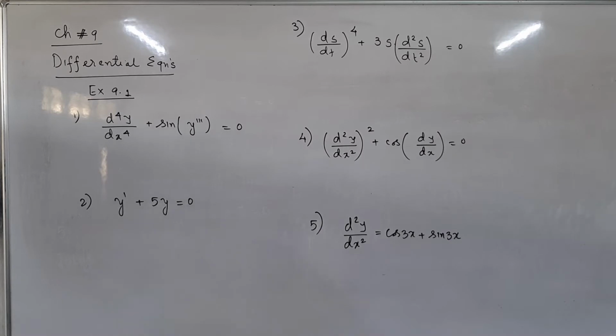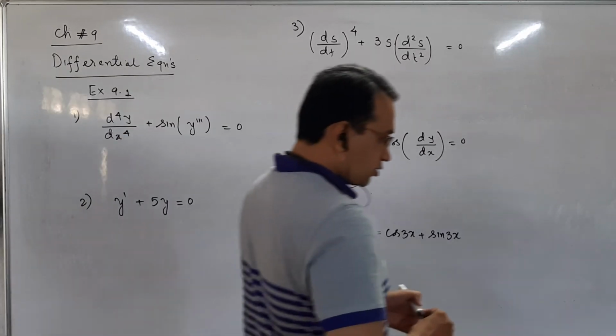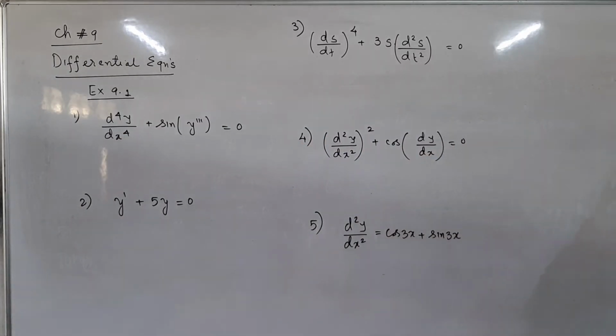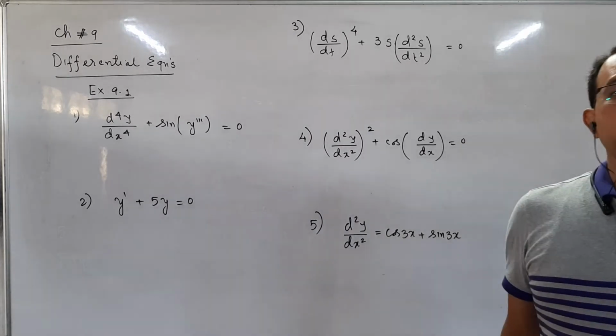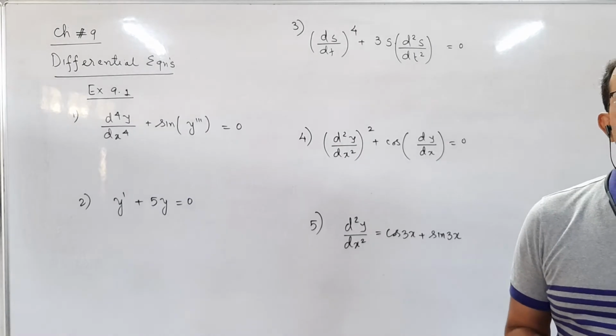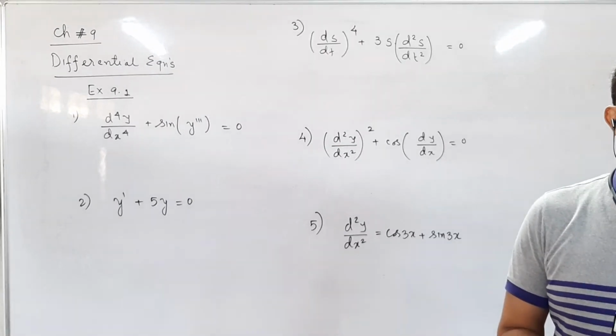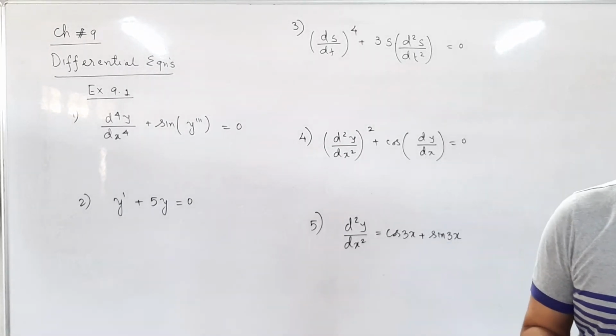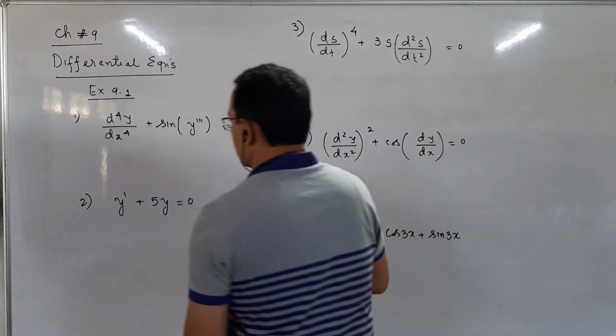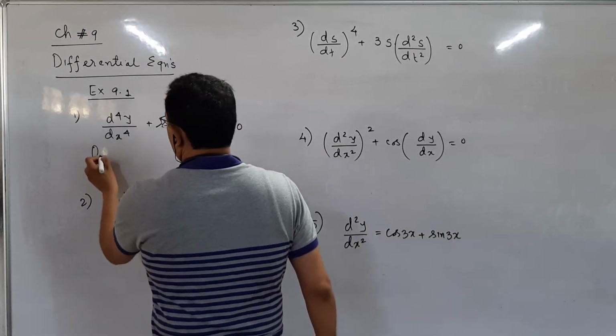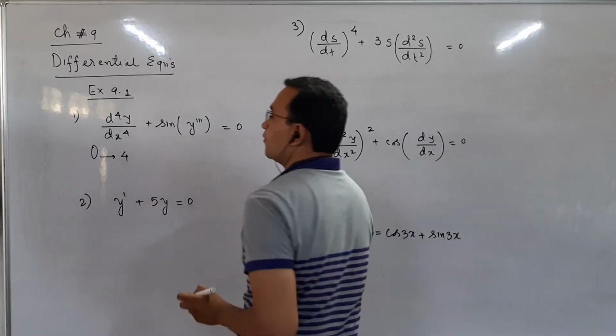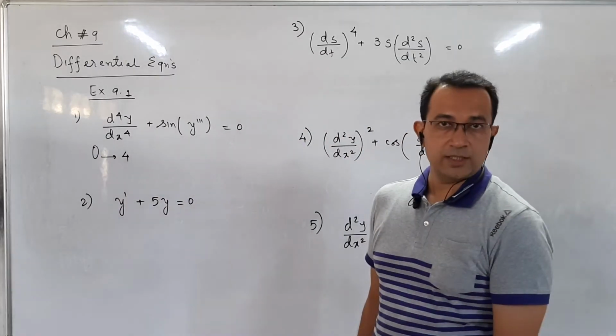Okay, students, the logic for order: a differential equation may not be written in the polynomial of derivatives. The highest order derivative is 4. So here order is 4. I am writing 4 for order.